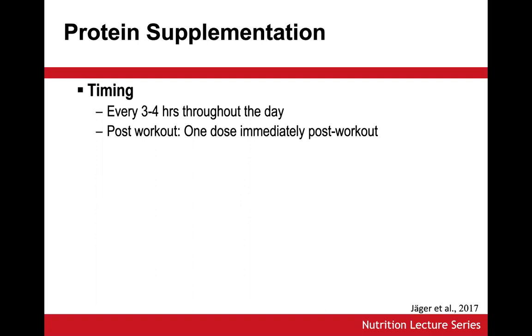And the reason we say that is after any type of workout, whether it's resistance training, circuit training, or endurance training, there's a window of about 30 minutes where the body is still very susceptible to absorbing nutrients, because it's in that repair and replenish stage to get ready for the rest of the day or the next workout. This is the same when we talk about carbohydrate timing, and it's the same with protein timing for the post-workout.